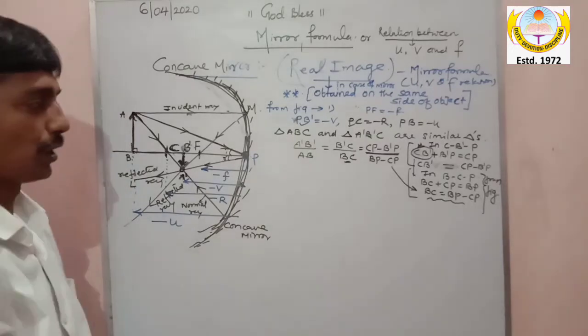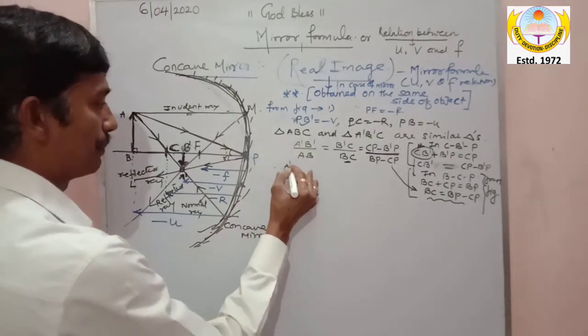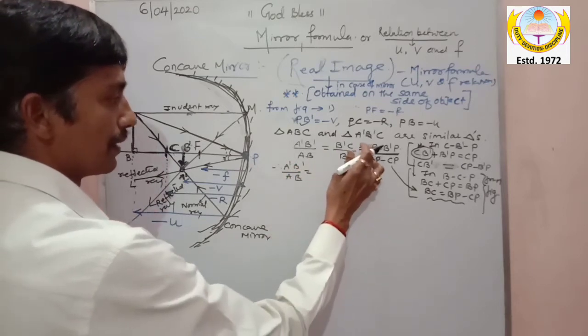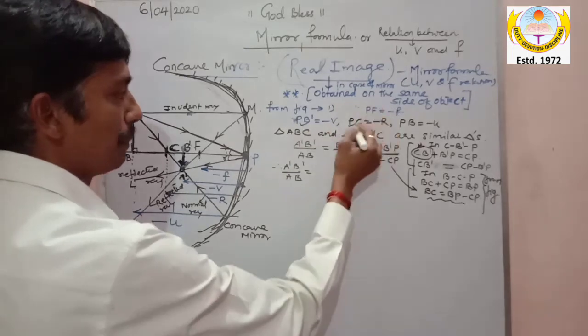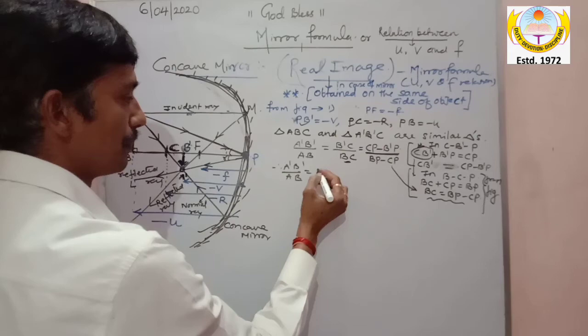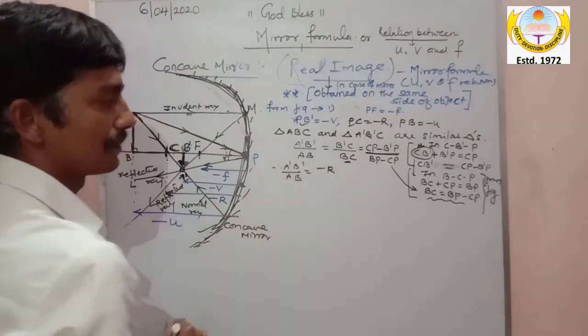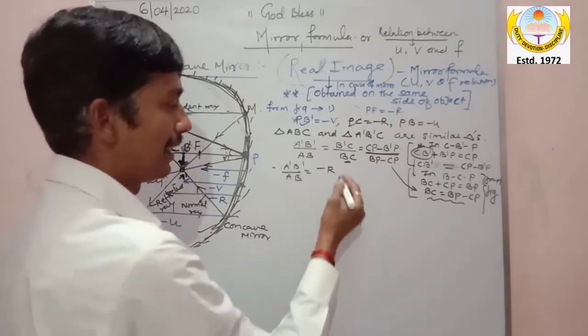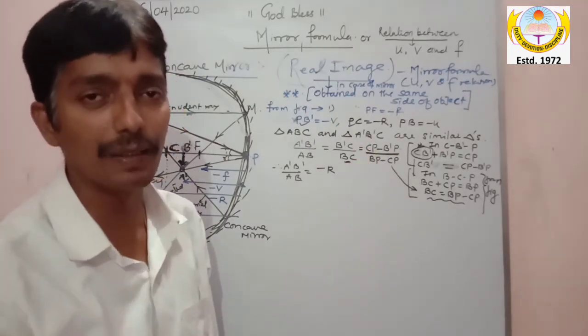Okay. Next step. Therefore, A'B' upon AB is equal to, here CP, right? What is CP? Minus R, because CP is PC. No issues? If I say AB or I say BA, what is the problem?